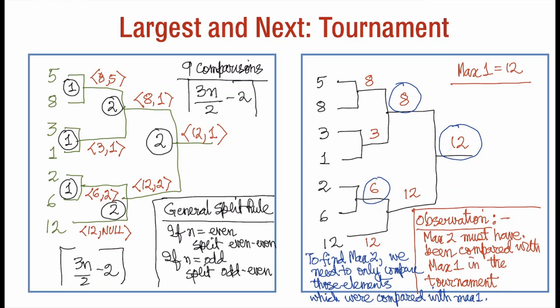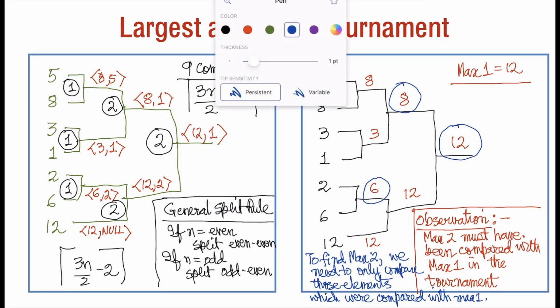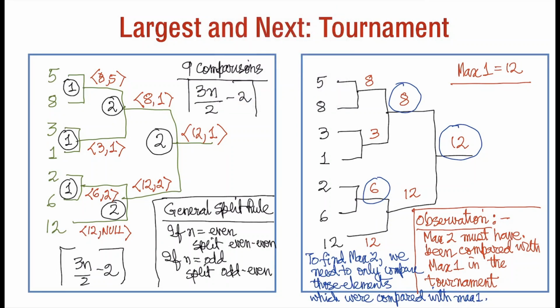All we need to do is the algorithm now based on this observation. So this observation leads to this idea: follow the path back of max 1 in the tournament.